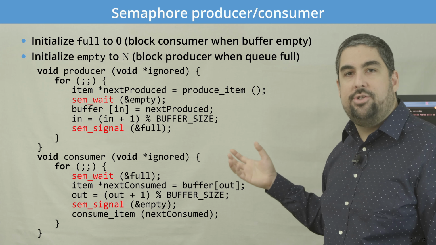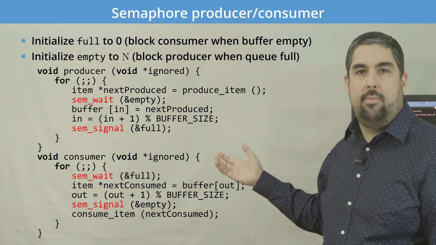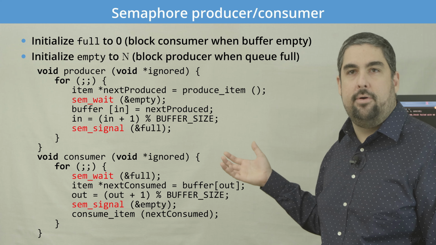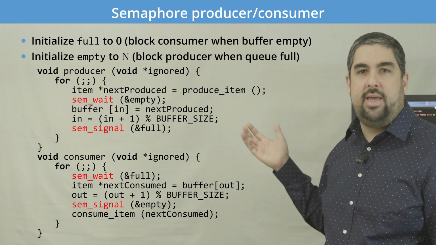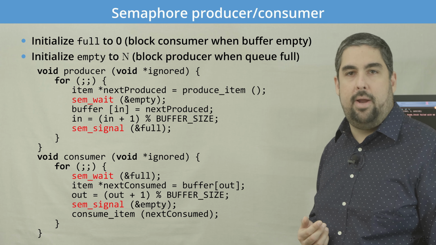And then that'll actually cause the consumer to run, because the consumer would have been blocked on semWait, and it could run up to n times before it's emptied the buffer. So you could have execution schedules here that don't necessarily have to bounce back and forth between these two threads.